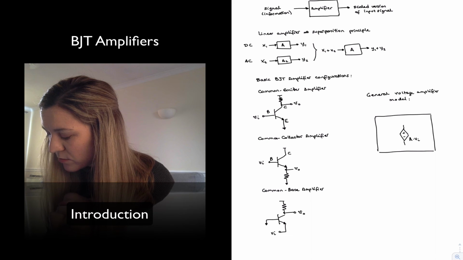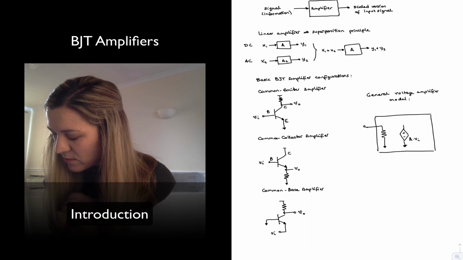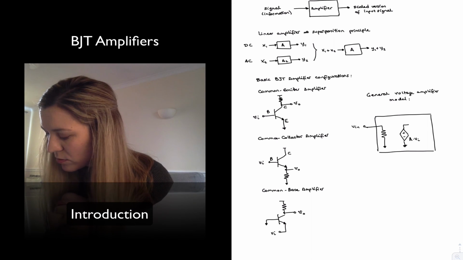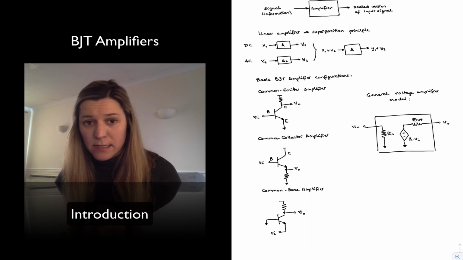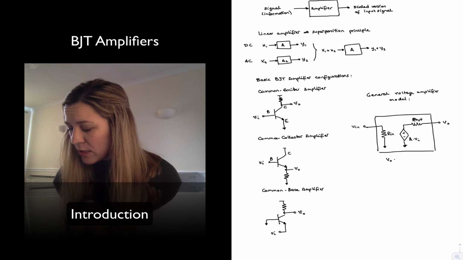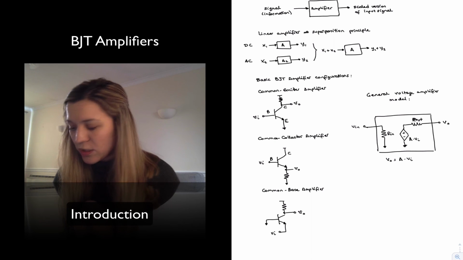So A times V in, V in being the signal applied at the input, and V out being the signal taken at the output. Again, since it's a voltage amplifier, the output voltage is equal to the voltage gain times the input voltage.